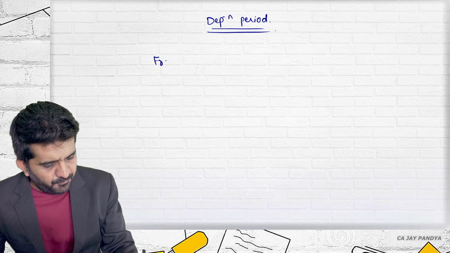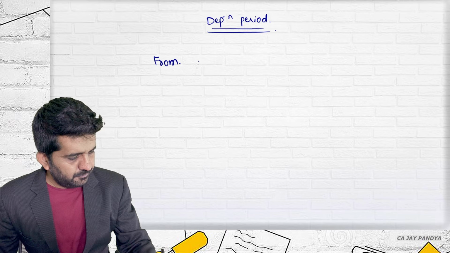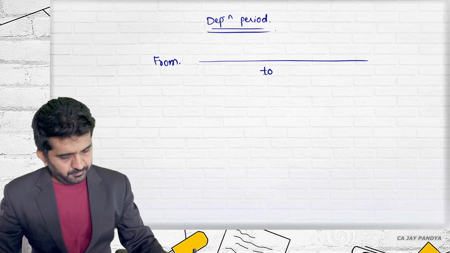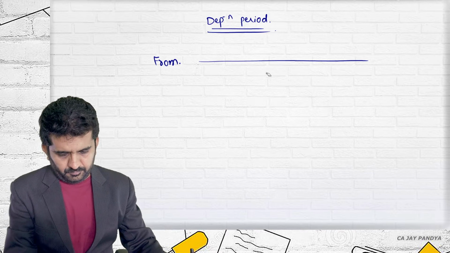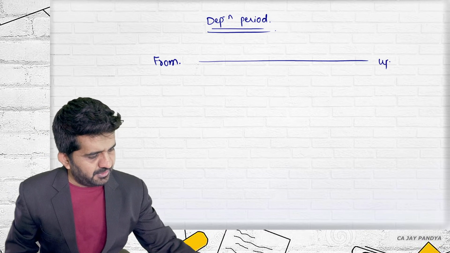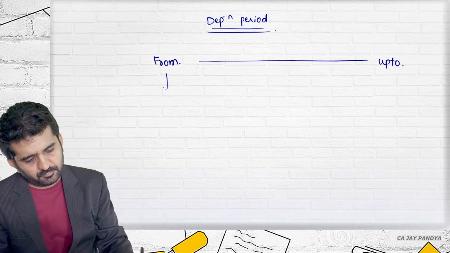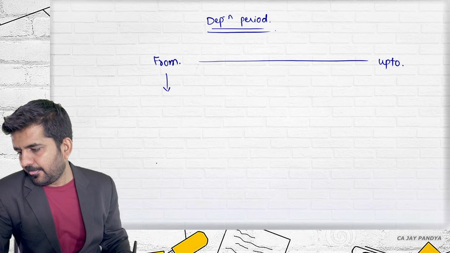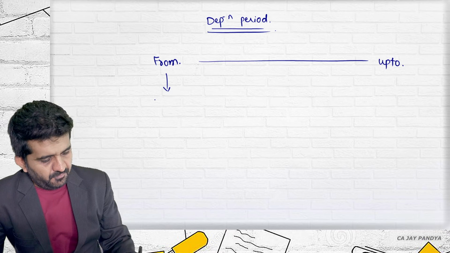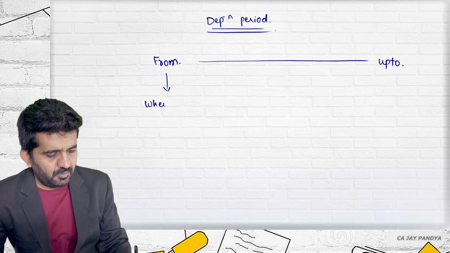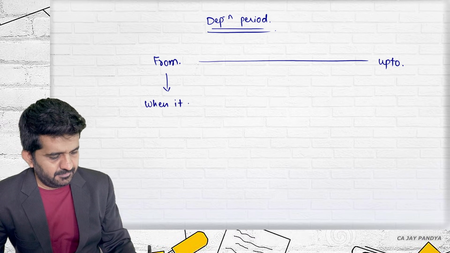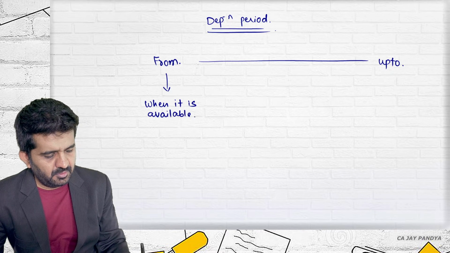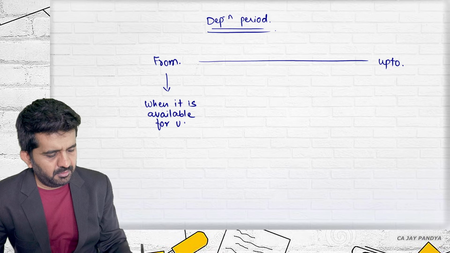It should be from this date up to this date. From which date? From the date when it is available for use.